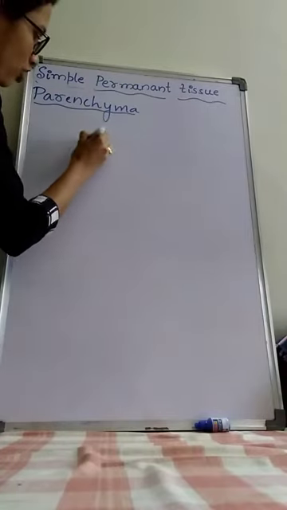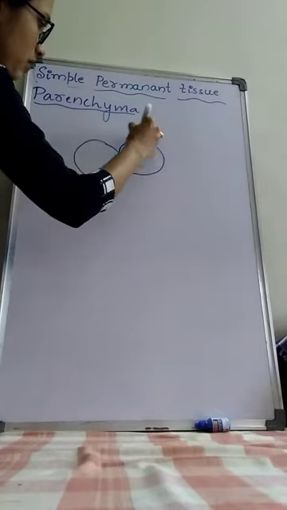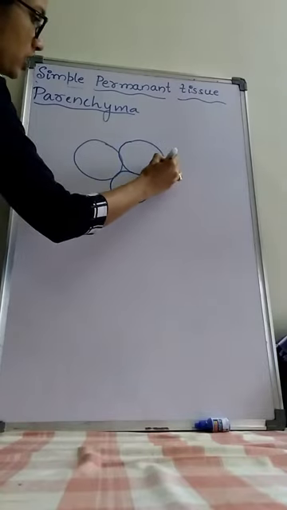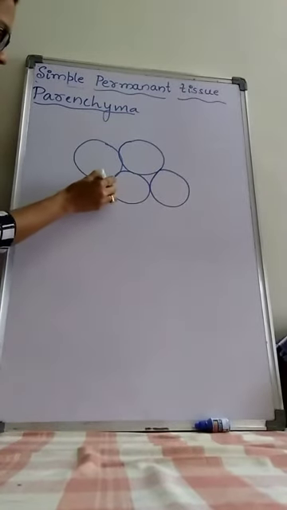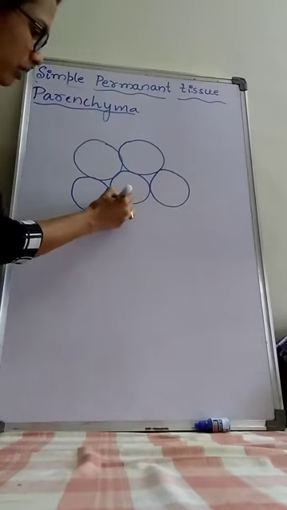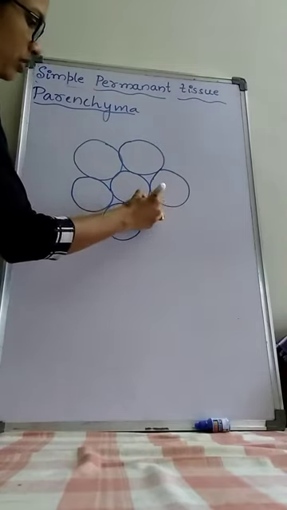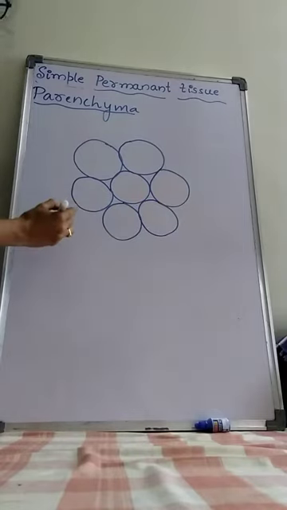See the structure of parenchyma. The cells of the parenchyma tissue are spherical or oval shaped and they are isodiametric. Isodiametric means all sides equal. Iso means same.